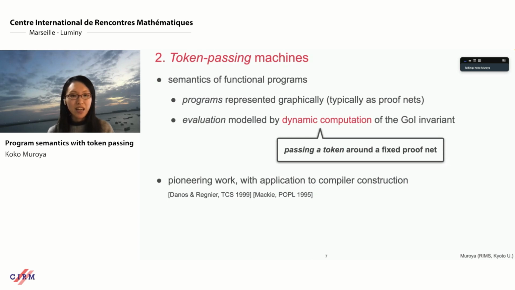The dynamic computation actually amounts to passing a special node called a token around the proofnet following the path given by GOI. This kind of semantics was pioneered by Danos and Regnier and then Mackie as well, with some application to compiler construction. So I will show you what a token passing machine looks like.